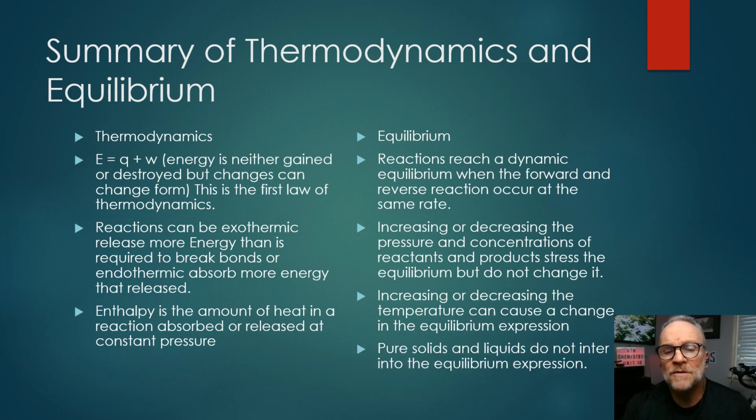And then we also said that in the equilibrium expression, pure solids and liquids do not enter into the expression itself. And so those are some of the big bullet points from each one of the units. I hope you've enjoyed our discussion of thermodynamics and equilibrium, and hopefully it'll whet your appetite to learn more about these complex interactions in chemistry.